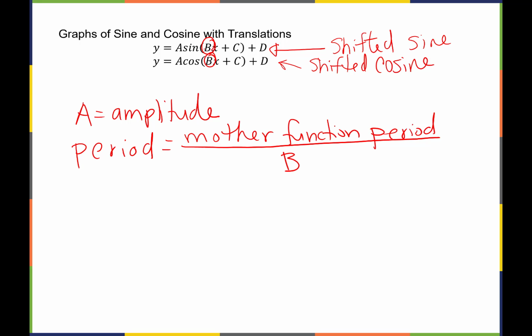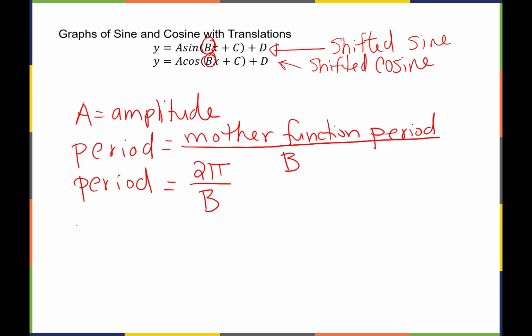Now, in this case, for both sine and cosine, the period of my mother function before it gets translated, reflected, shifted, shrunk, or stretched, is 2 pi. So the period of the new function is going to be 2 pi over whatever the value of B is.